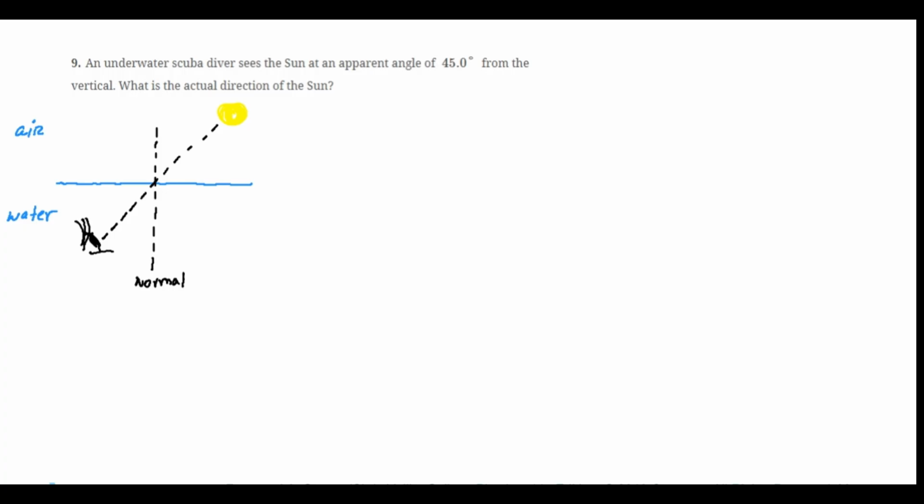So basically, this is what happens. This angle is 45 degrees. This angle is also 45. But that is not what really happens. So this is just basically an apparent scenario.